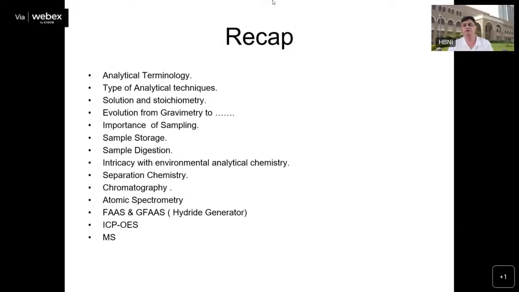Then we talked about comparative methods. The difference between the relative method and the comparative method is that in both cases we prepare a calibration curve, but in the relative methods we can use any kind of standard solutions, whereas in a comparative method it is essential that the calibration curve is drawn with matrix-matching standards only.